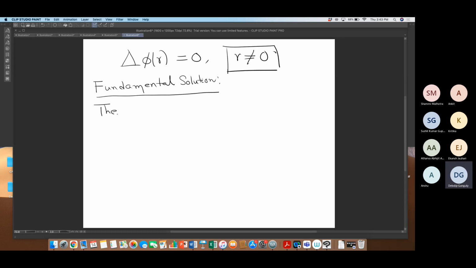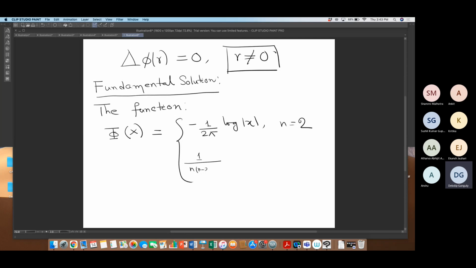The function phi of x is minus 1 by 2 pi. Why I'm writing this, you will understand later, I will tell you. For n equal to 2, and for general n, some constant with n times n minus 2 times alpha n. What is alpha n?